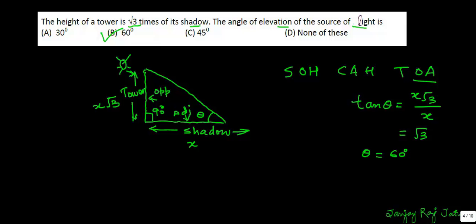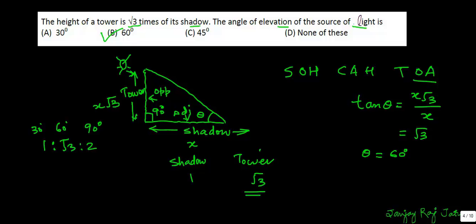But let us solve it by using the ratio which we were talking about, 1 : √3 : 2, for 30, 60, 90. Now if you see the ratio of shadow and tower, it is given as 1/√3.